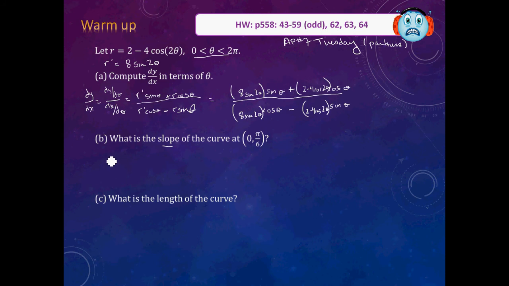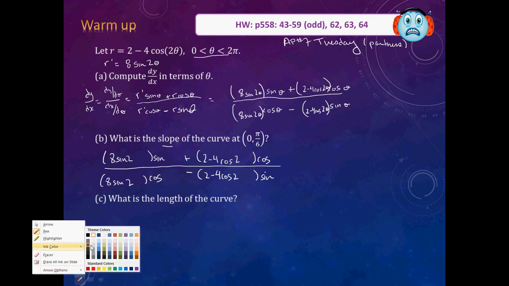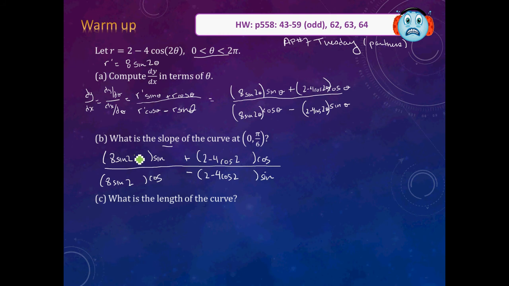That just means copying this formula over, then putting pi over 6 here, which of course turns that into pi over 3, right?